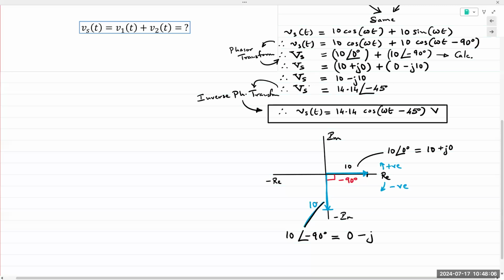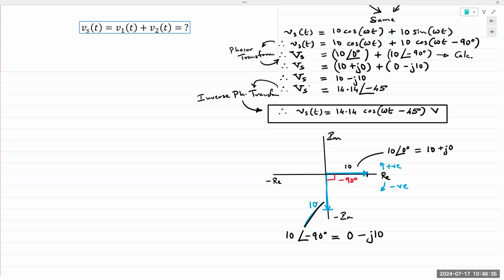So it becomes 0 minus j10. This will be true for every vector that has the exact same angle. If it's a vector that is, I don't know, 57.98 with an angle of minus 90, it'll always become 0 minus j57.98. Make sense? Right?